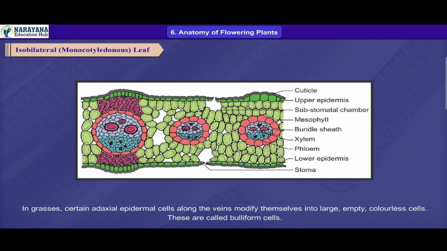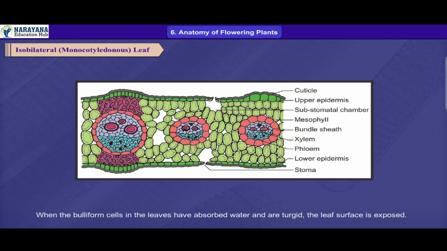In grasses, certain adaxial epidermal cells along the veins modify themselves into large, empty, colorless cells. These are called bulliform cells. When the bulliform cells in the leaves have absorbed water and are turgid, the leaf surface is exposed.